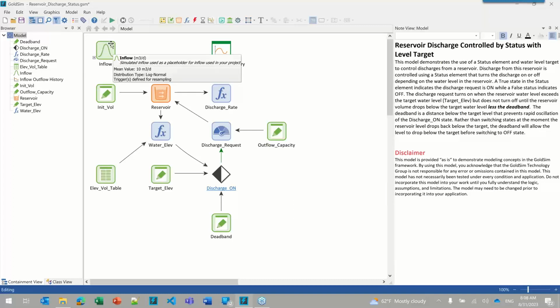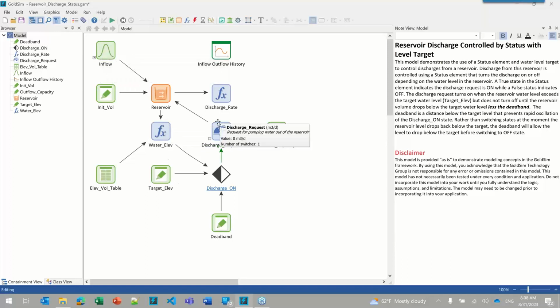It's a lot more work for me to maintain time series of historical measured flows, and it makes things more busy. So I've simplified things, but the basic logic is the same here.